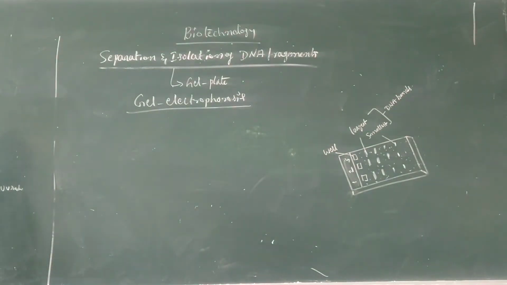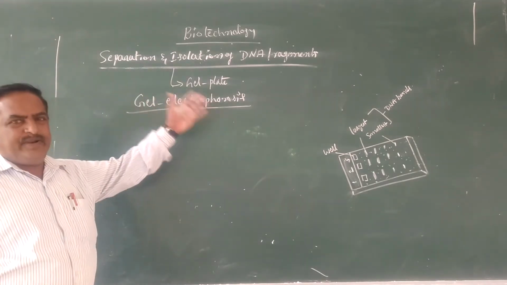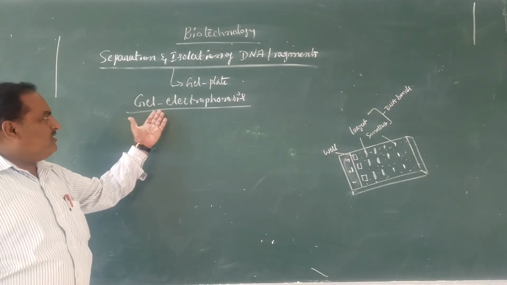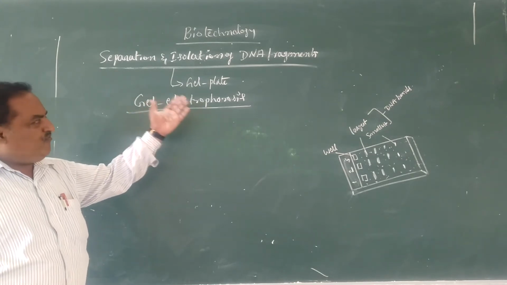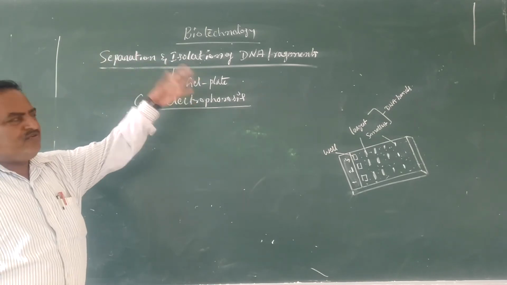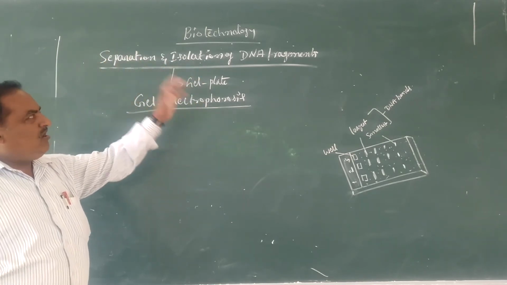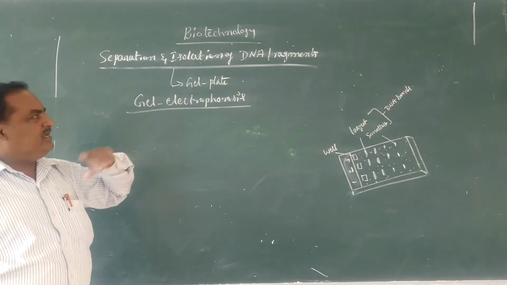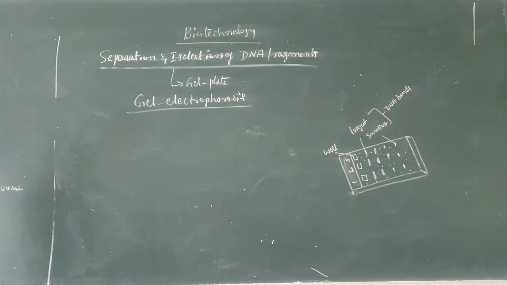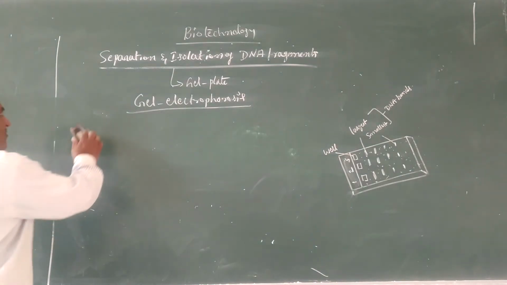That process is called gel electrophoresis, the process of separation of DNA fragments on a gel plate.